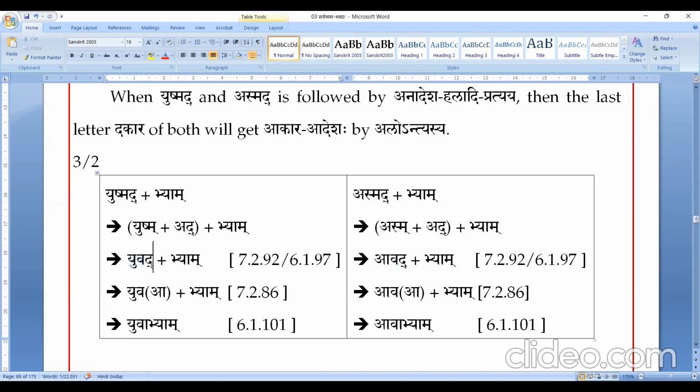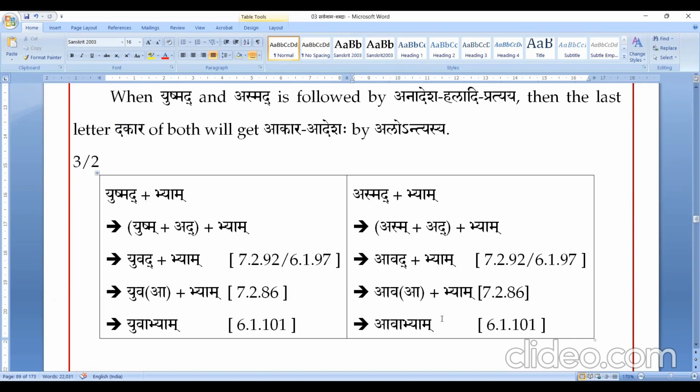Then in the place of dakara, by the sutra Yushmadasmadoho anadeshe aladi vibhakti pratyaya pare, akara adesha bhavati; by the paribhasha alontasya, it is the antya varna, that is in the place of dakara. Therefore yuva plus bhyam, yuvabhyam. Yuva plus a is savarna dirgha. Then joining, yuvabhyam. Similarly, ava plus a plus bhyam, savarna dirgha, then avabhyam.